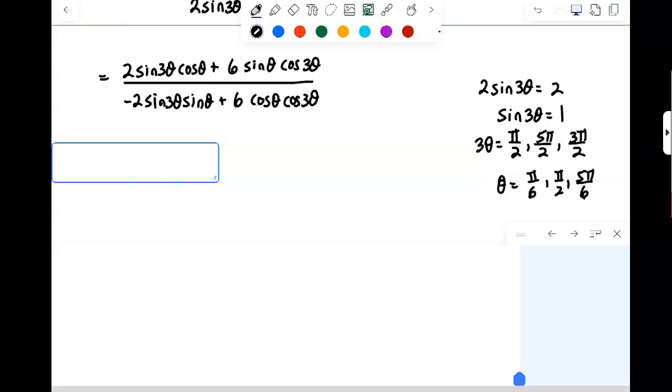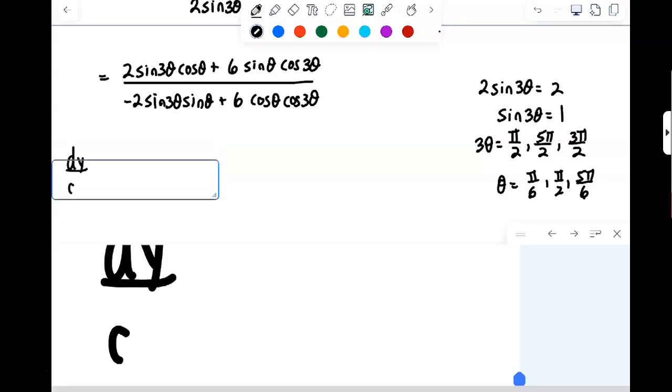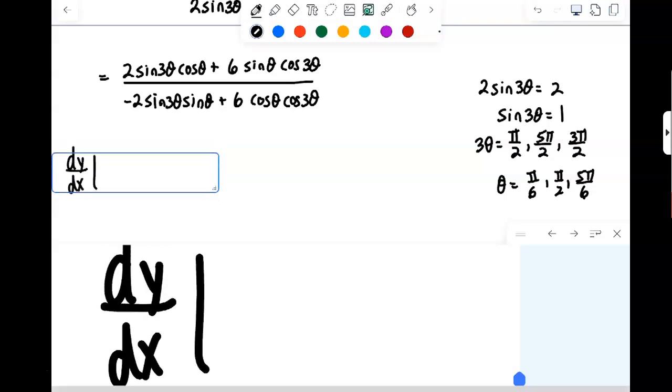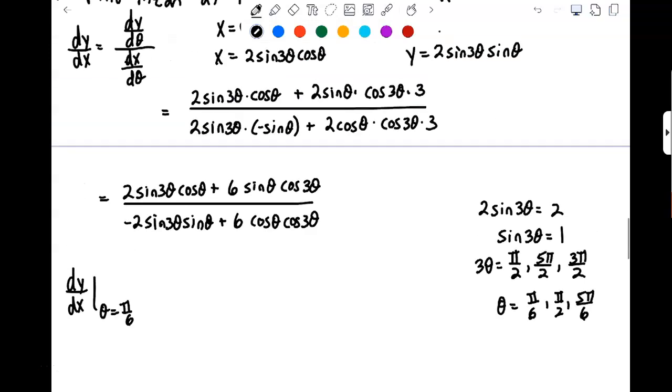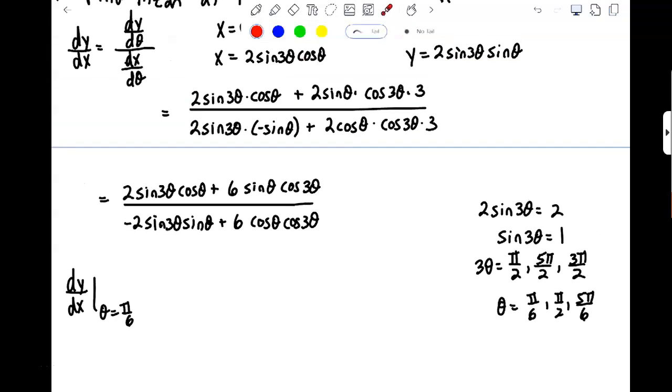This is where the calculator is really nice. Of course, you can do a lot of this stuff somewhat in your head as well. dy dx, first evaluate it at theta equals pi over 6. If we put pi over 6 or 30 degrees in here, here's what's going to happen.